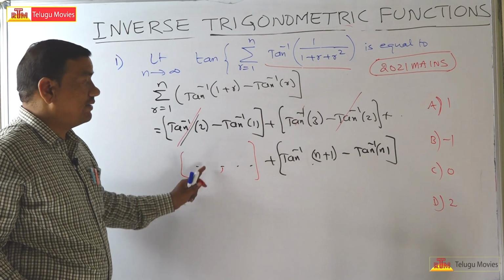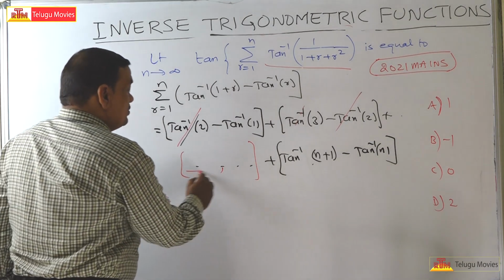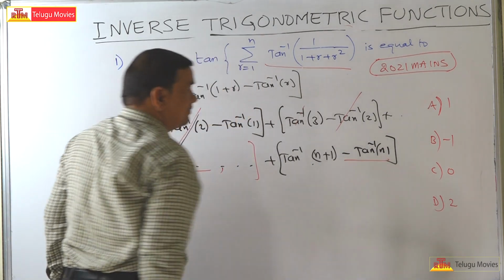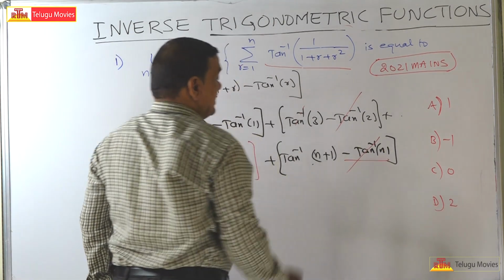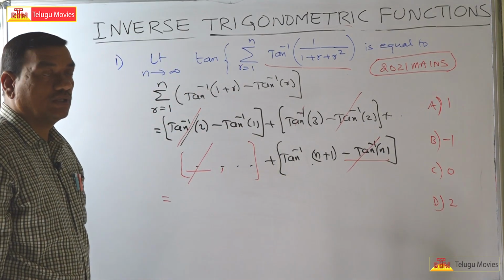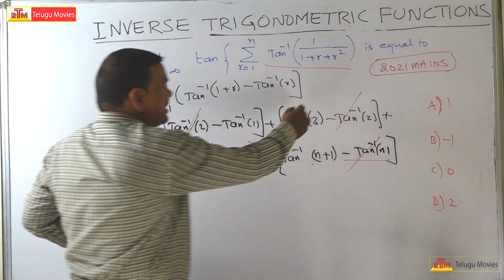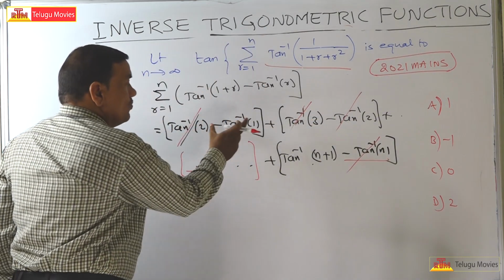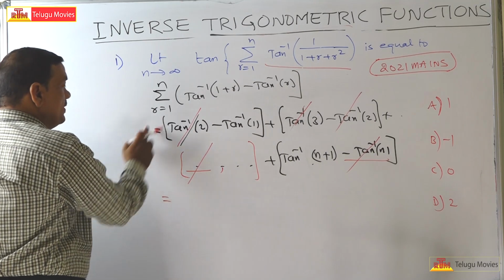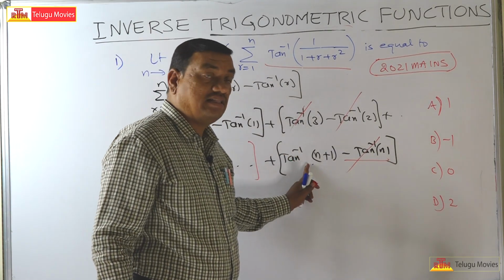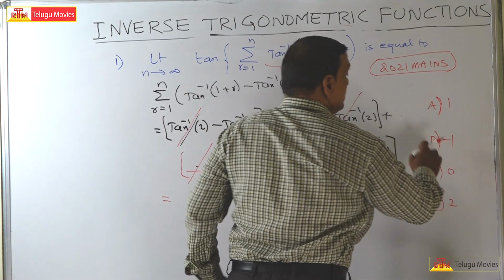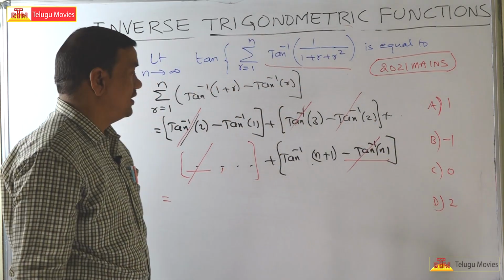This first term and this last term, the second term of the second bracket, these two will get cancelled. Like that, this also will get cancelled. If we want to cancel this, there should be one bracket here, but that is not there. If we want to cancel this, there should be another bracket after that, which is also not there.